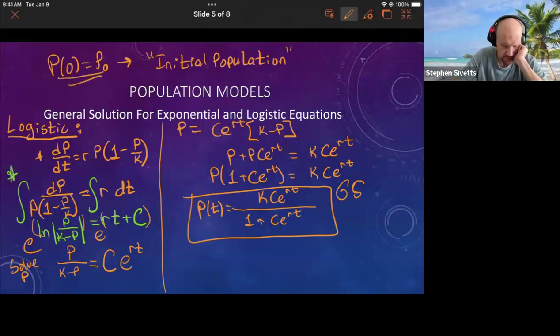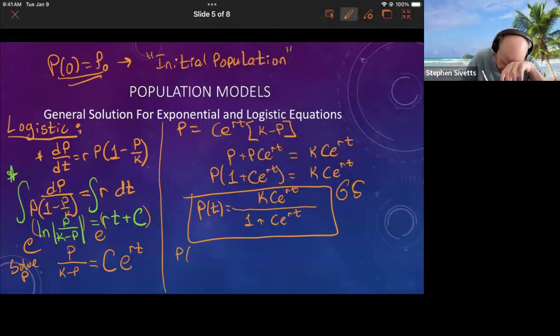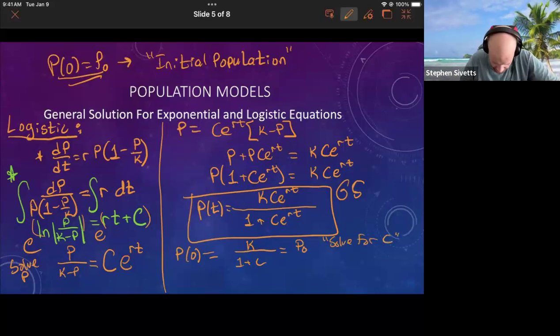Now, if we assume that the initial condition of P at time 0 is equal to P naught, and P naught is just an arbitrary constant, well, if T is 0, we will have K in the numerator, and then we'll have 1 plus C, which equals P0. And then from here, this is going to solve for C.